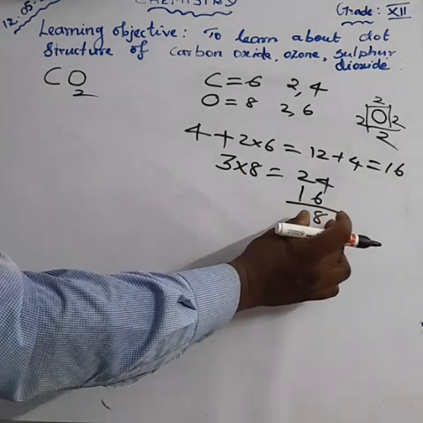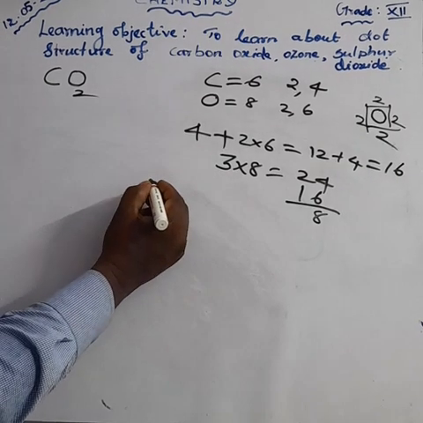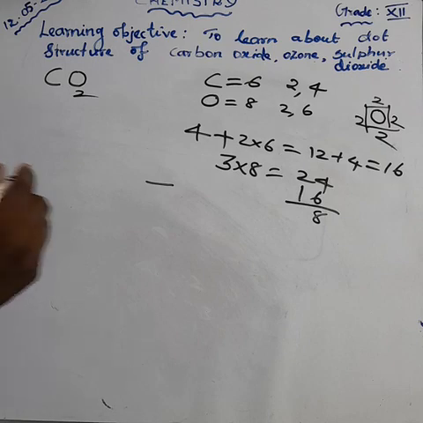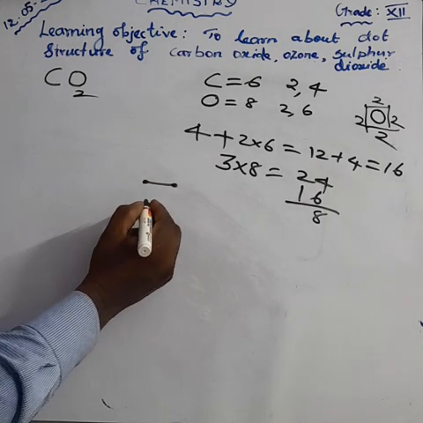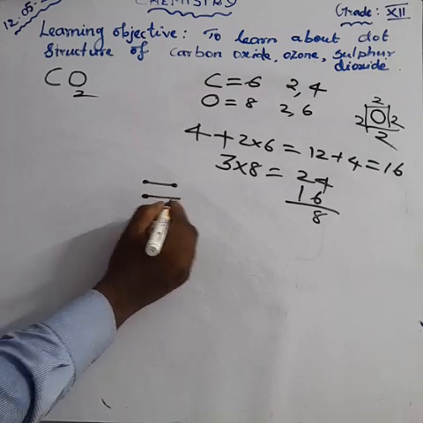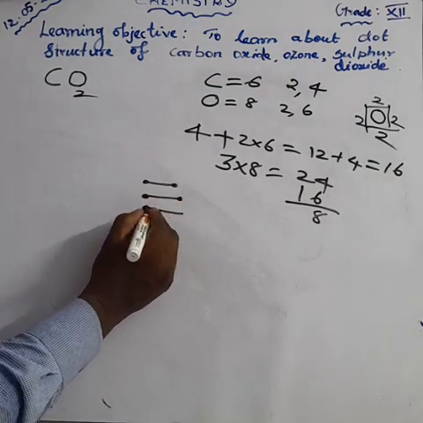The 8 electrons show that it contains 4 bonds. Am I right? That means one single bond means 2 electrons. Yes or no? So double bond means 4 electrons. Triple bond means 6 electrons.